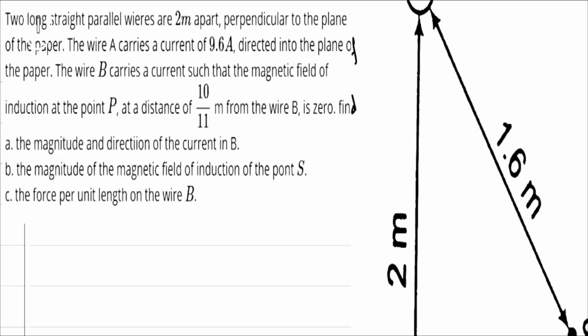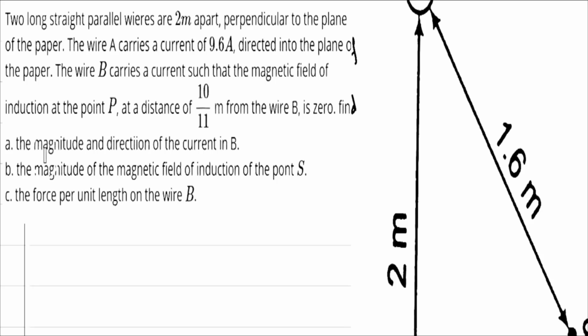Hi class, hi everyone. So class, just see this question. A long straight parallel wire pair is 2 meters apart, perpendicular to the plane of paper. Wire A carries a current of 9.6 ampere directed into the plane of paper, and wire B carries a current such that the magnetic field at point P, at a distance 10 by 11 from B, is 0.